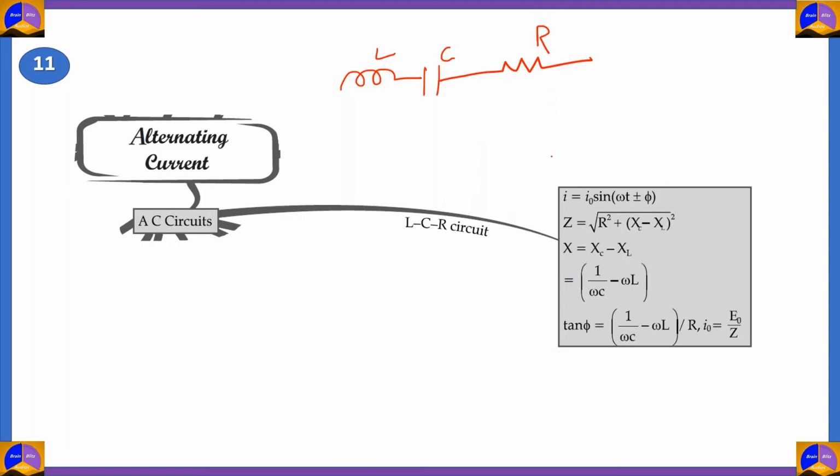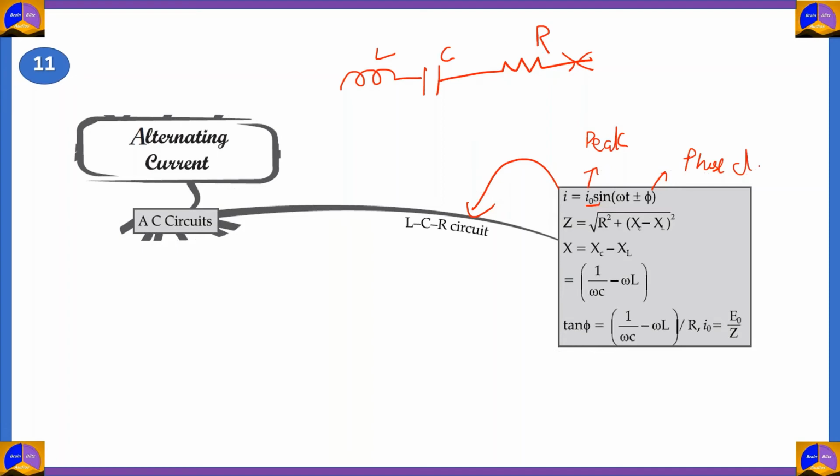So to find out the value of the current in the LCR series circuit, once again, we multiply the peak value of the current, I naught, with sine omega t plus minus phi. Phi gives us the phase difference, and sine of omega t plus phi gives us the rate at which the alternating current alternates.